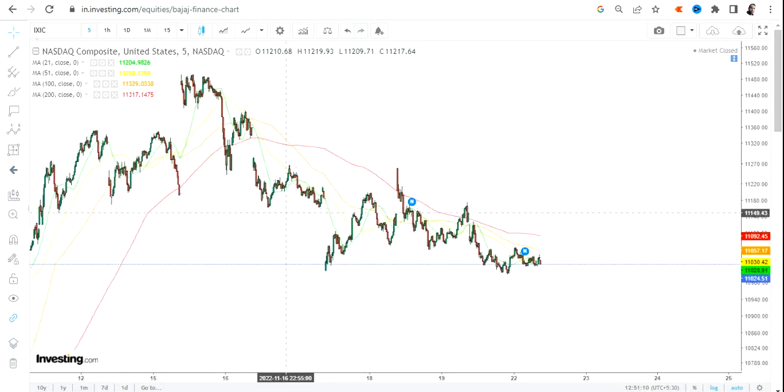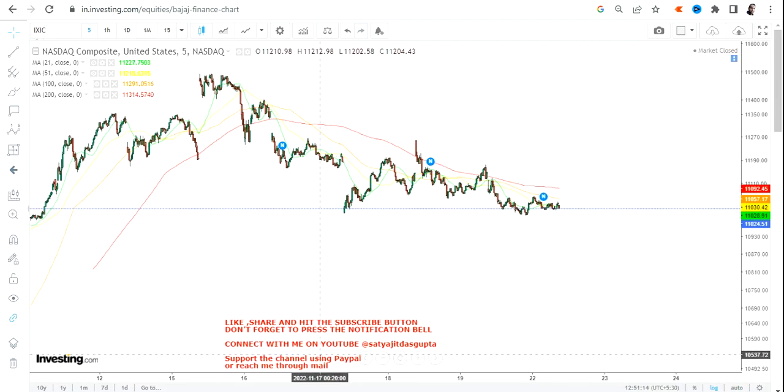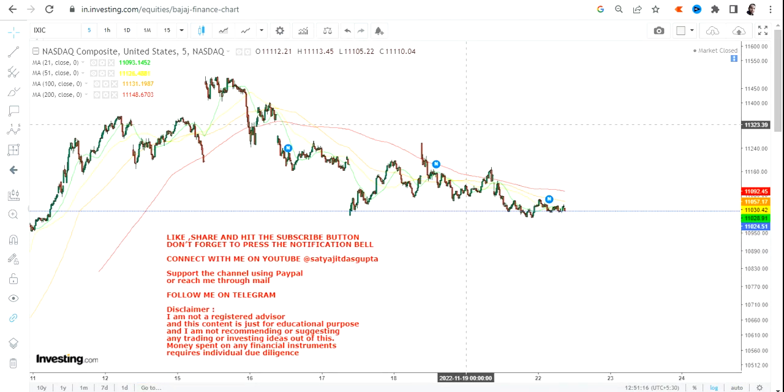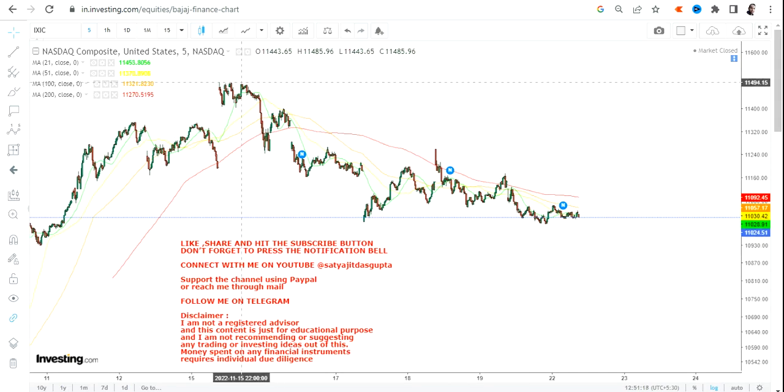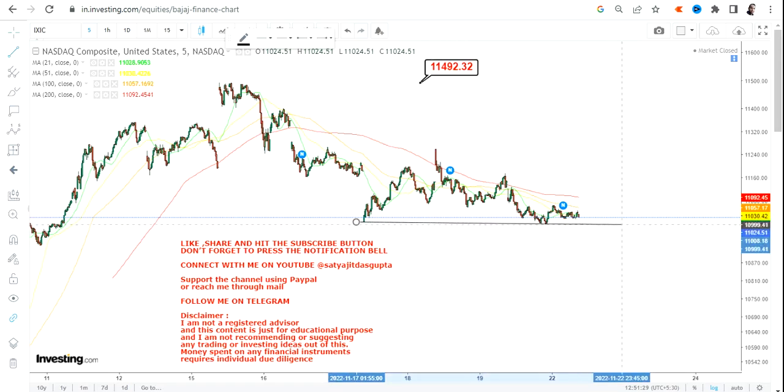Now talking about the Nasdaq, because Nasdaq has fallen the most, and we know that it is one of the most volatile and high beta indices. And if you are looking at the Nasdaq, you can see the same story, the highs of 11,500, and obviously it is very near to the lows that it has made.